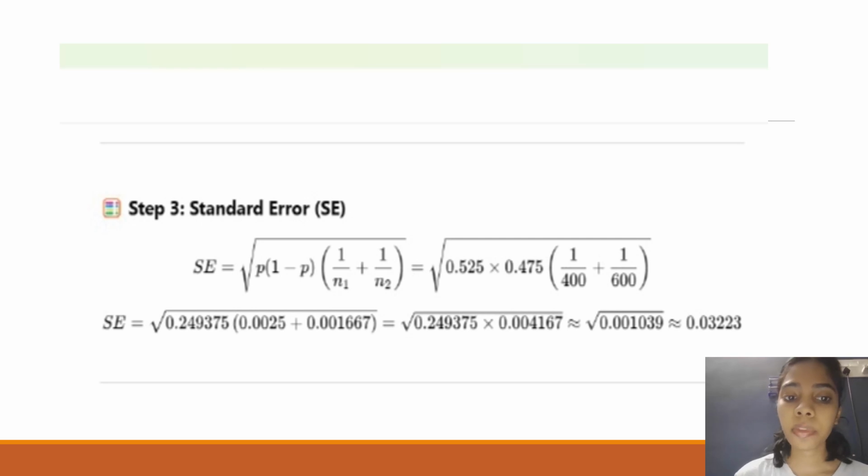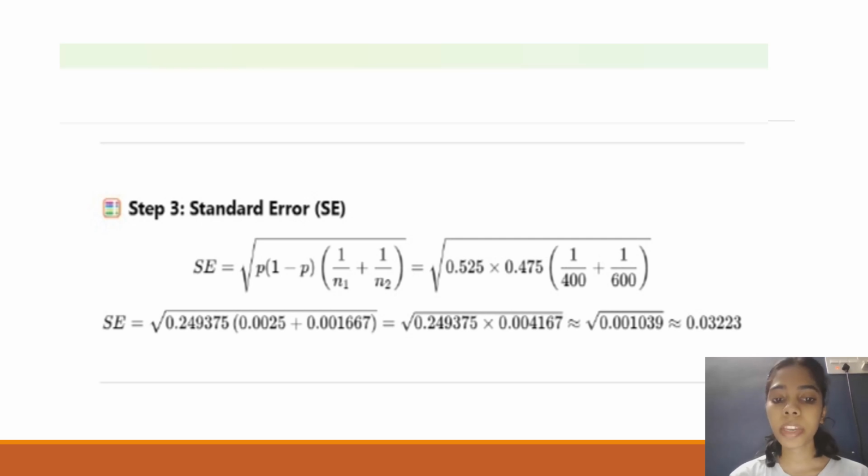In the next step, we are going to calculate the standard error. The formula of the standard error is the root of P into 1 minus P into 1 by n1 plus 1 by n2. Here we have calculated our P in the previous step, which is equal to 0.525, and 1 minus P is equal to 0.475.